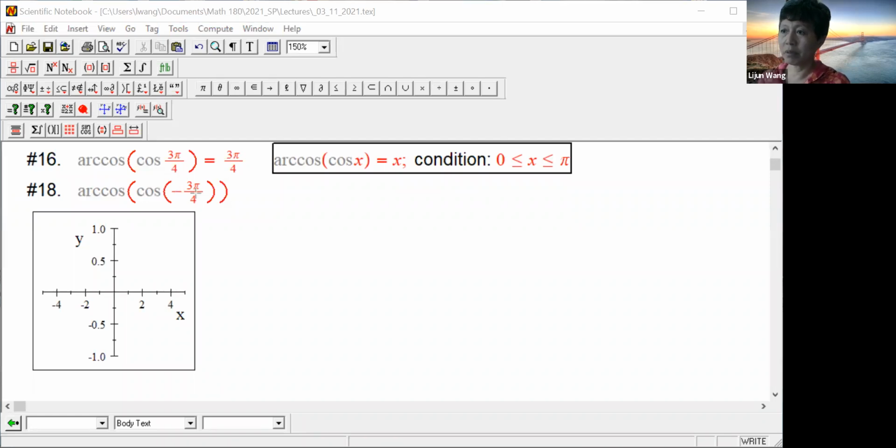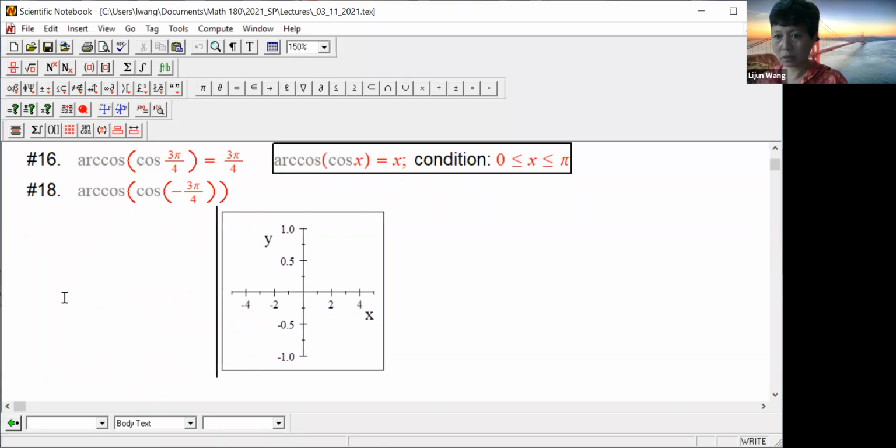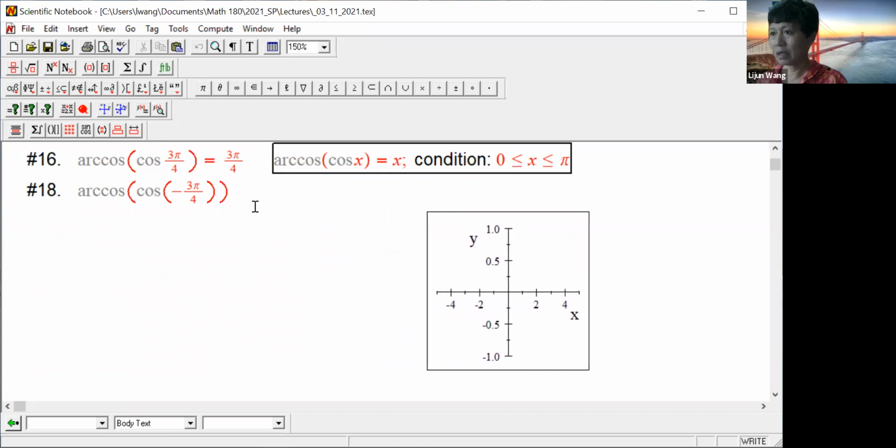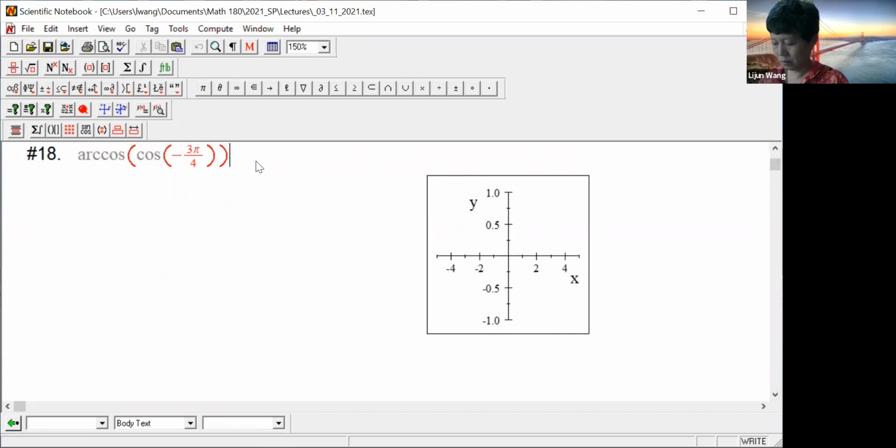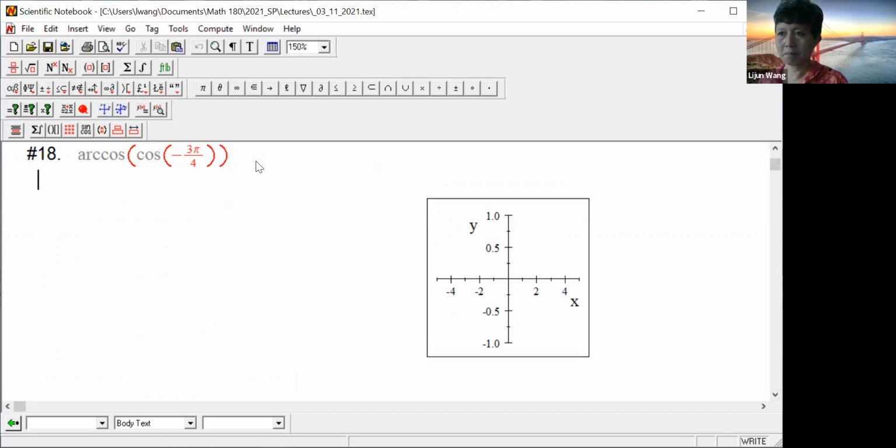This angle is measured clockwise, isn't it? It's measured clockwise. How is it measured?